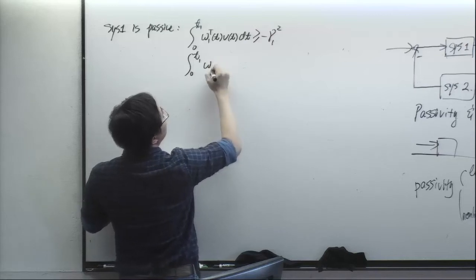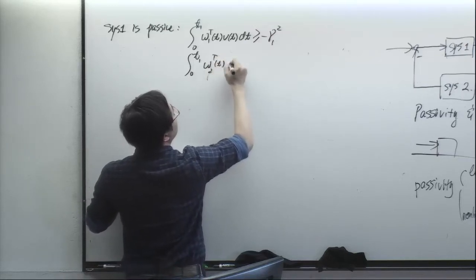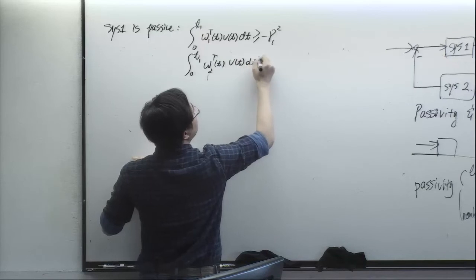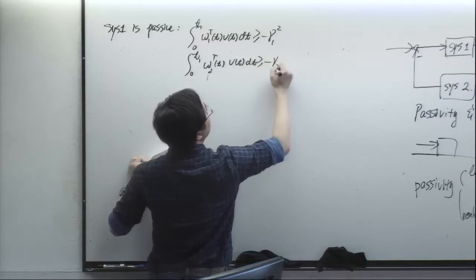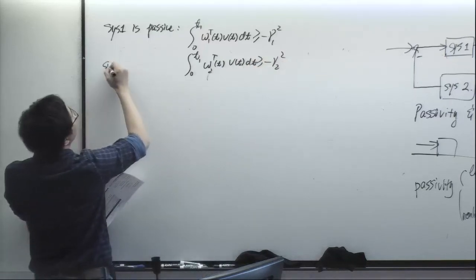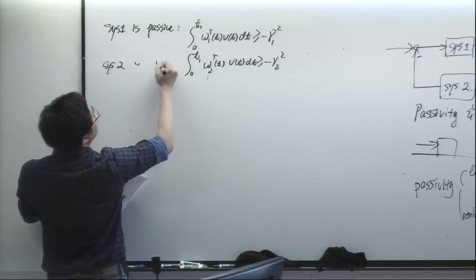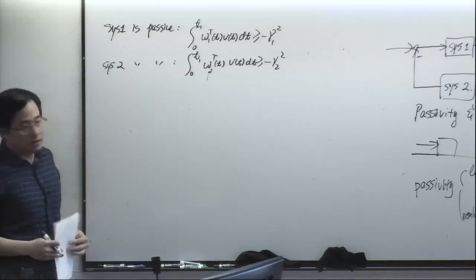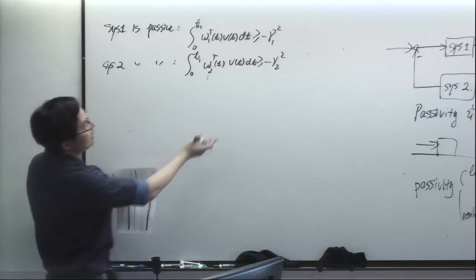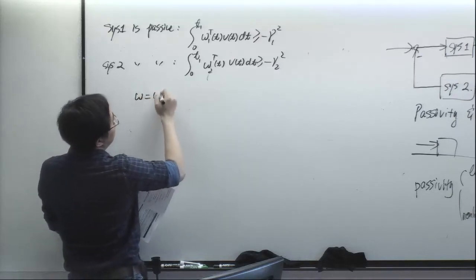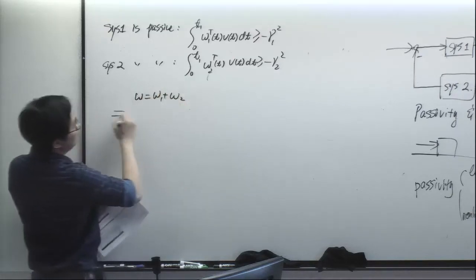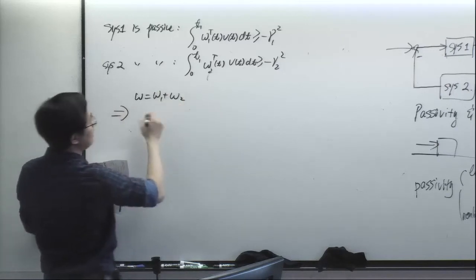And for the second system, we have the same structure of inequality. And W in the end is just W1 plus W2, so therefore we can add them together.